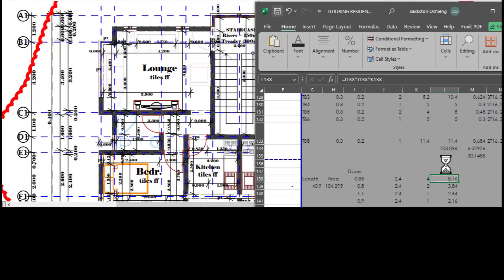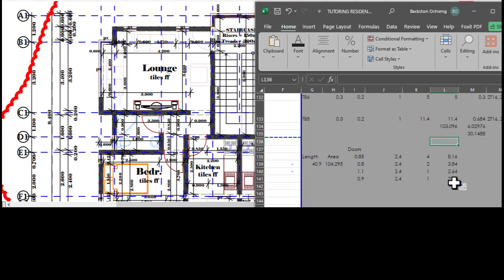I need to update on that so that the formula works all through this. Then equal sign, we do a sum of the areas of the doors that we've calculated, that gives us 16.1. So the 16.1 is supposed to be deducted from the gross area.